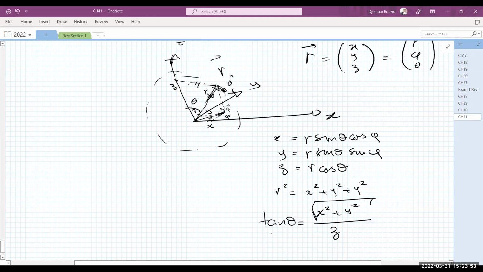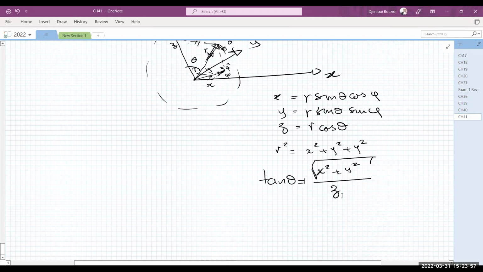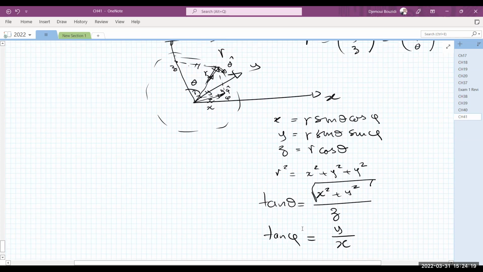So you can produce theta also using this relationship if you know x, y, and z. The last relationship is from y over x. Sine theta and sine theta cancel, r and r cancel, but you will be left with sine phi over cosine phi, and that is tangent of phi. So the other relationship in here is that you can find phi by using the arctangent of y over x. So you can go from Cartesian coordinates to these coordinates.